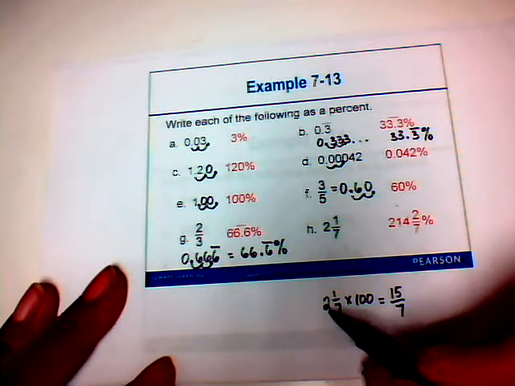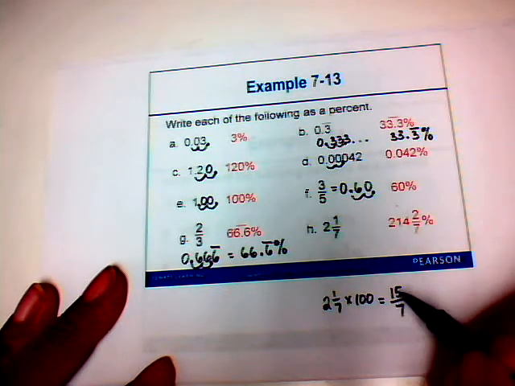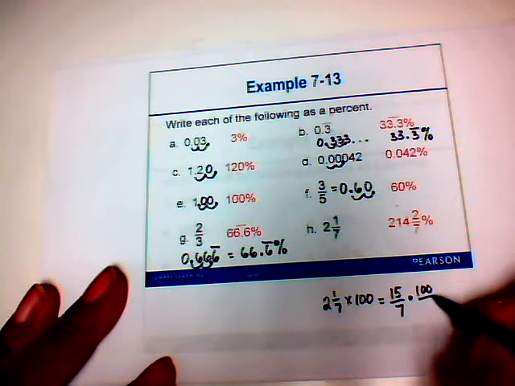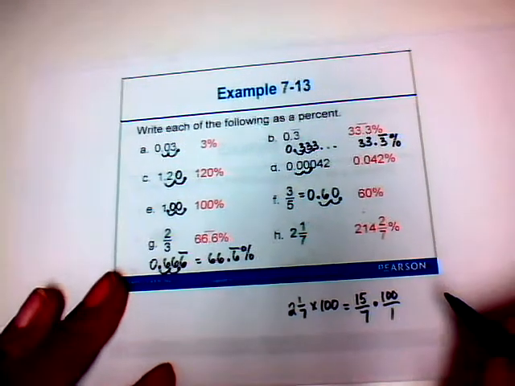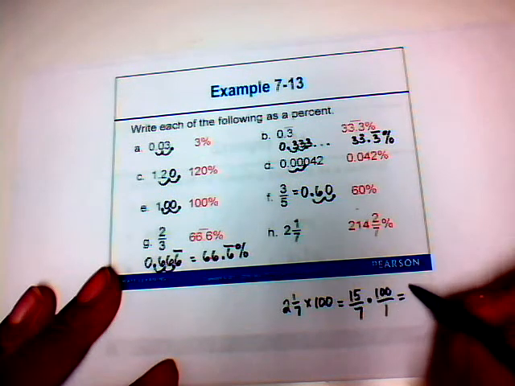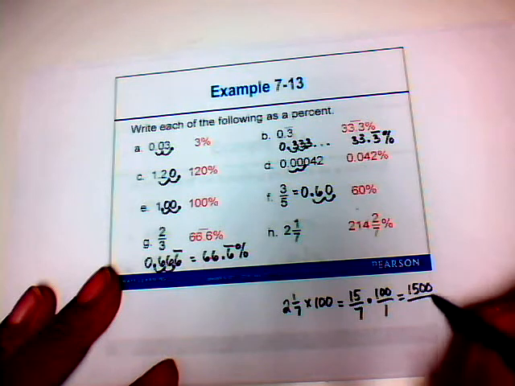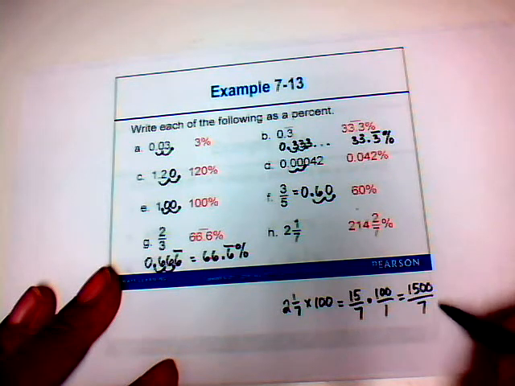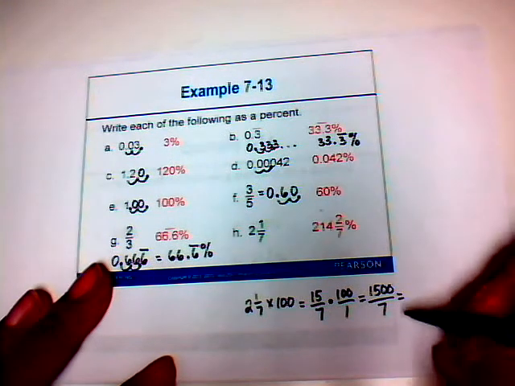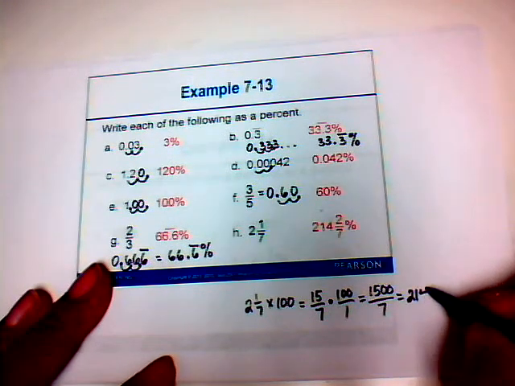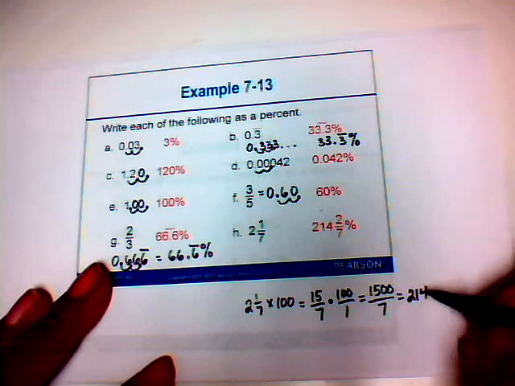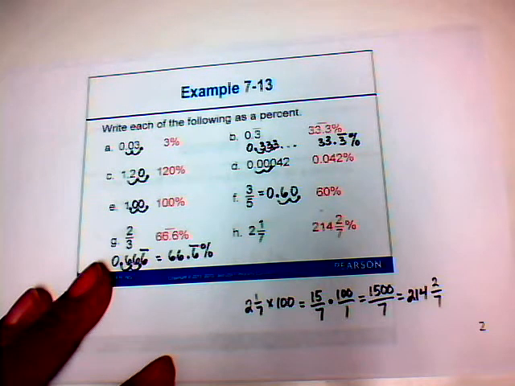That's 7 times 2, that's 14, plus the 1, that gave me the 15 over 7, times 100 over 1. And then multiply 15 times 100, that's 1500, divided by 7 times 1, which is 7. So if I divide 7 into 1500, that's going to give me 214. And I think I have 2 left over, 2 sevenths.